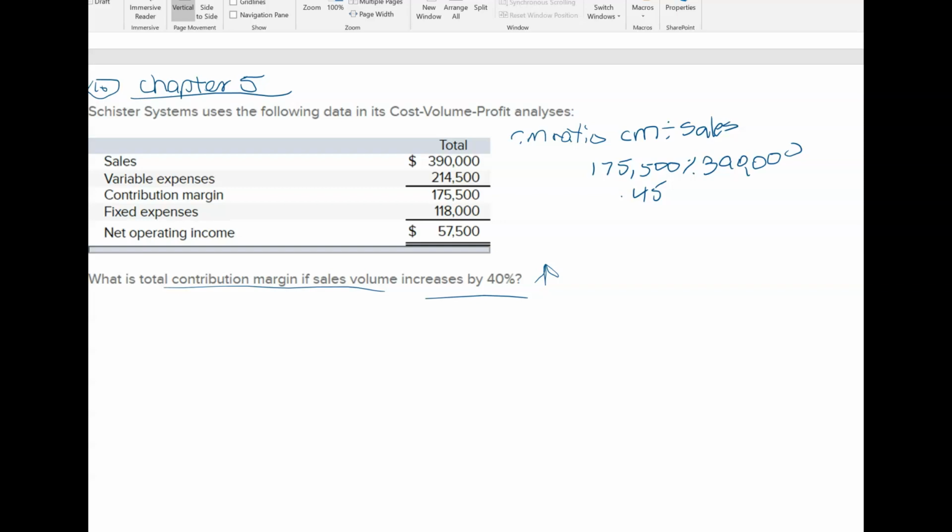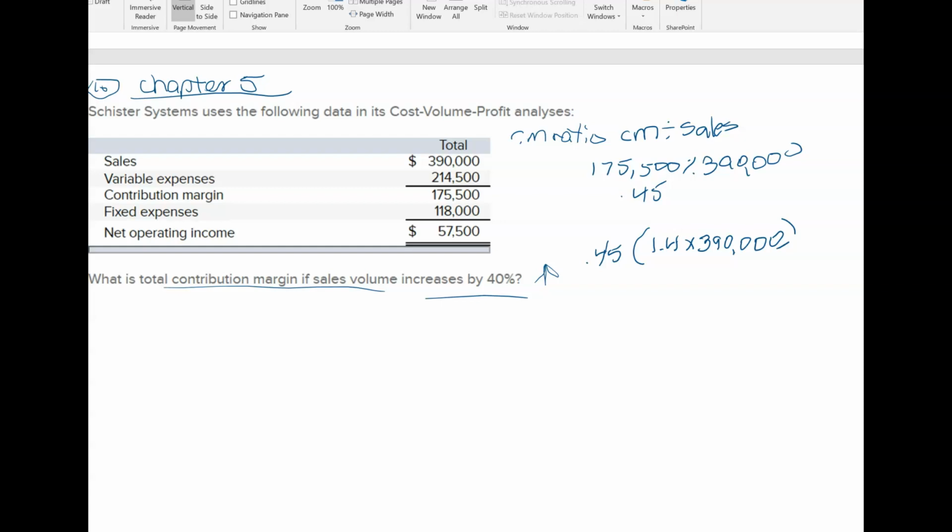Now we're going to take that and calculate what the sales volume would be if it increased by 40%. So we're going to take the contribution margin of 0.45, 45%, and we're going to multiply it by 1.4 times the sales of 390. If we're looking at increasing sales by 40%, we can multiply the 390 by 40% and then add that back to the 390 to get what the increase would be.